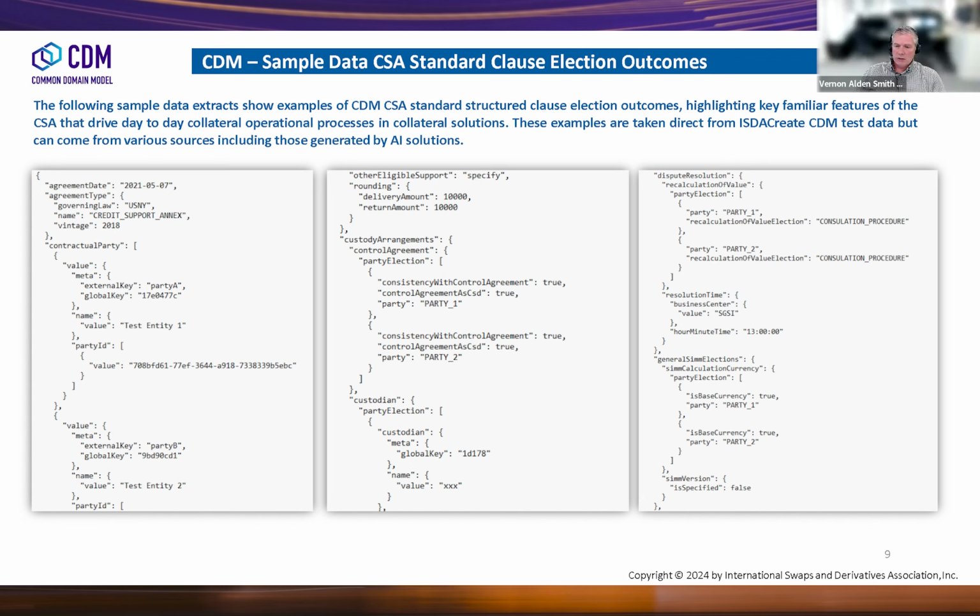And just to call out a few other key bits of information, you've got your delivery amount, your rounding, return amount, etc., custodian details, and on the right hand side here you've got your notification resolution times, things like that. But these are just small extracts from many different versions of CSAs that we have, just to demonstrate what this structured data looks like.